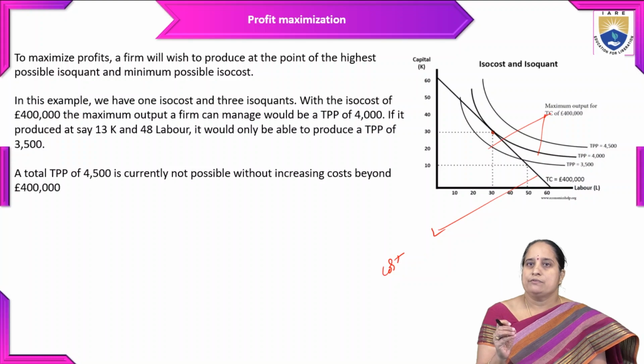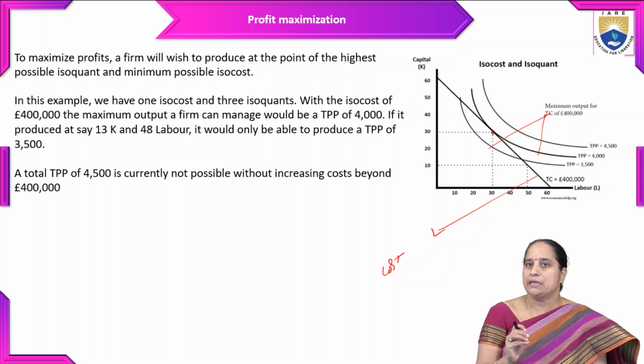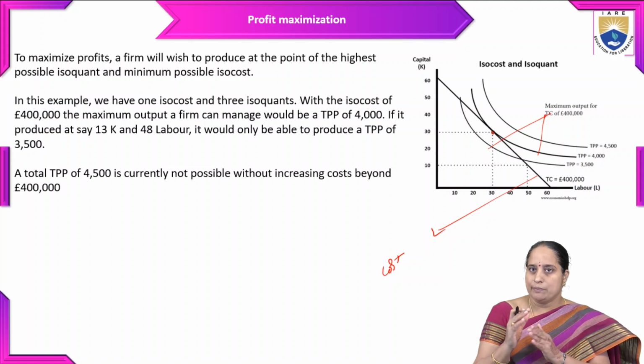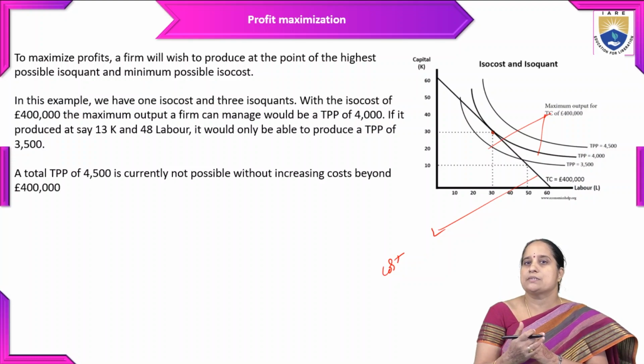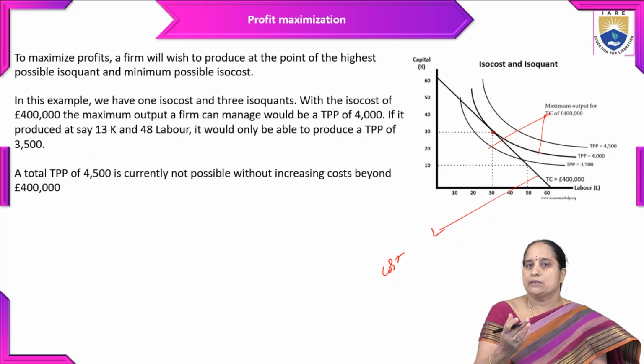With the isocost of 400,000 pounds, the maximum output a firm can manage would be a TPP of 4,000. If it is produced at, say, 13 K and 48 labor, it would only be able to produce a TPP of 3,500. So a TPP of 4,500 is currently not possible without increasing cost beyond 400,000 pounds.